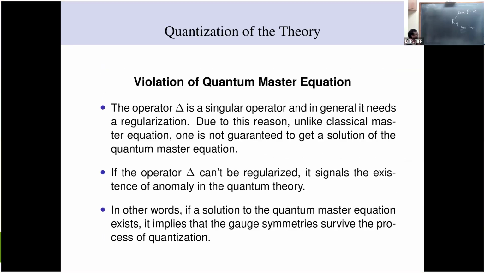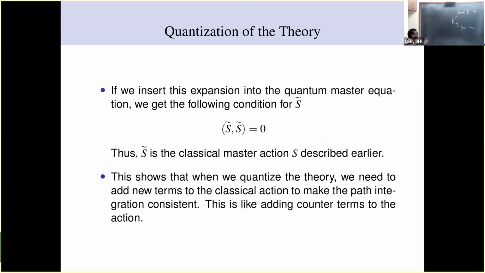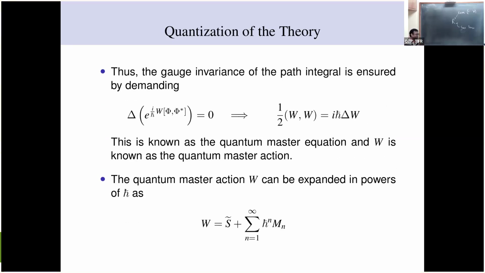As in, you have an operator, this delta. What is the meaning of not being able to regularize this operator? You will not be able to find some regularization scheme for which you have a finite solution of this equation.